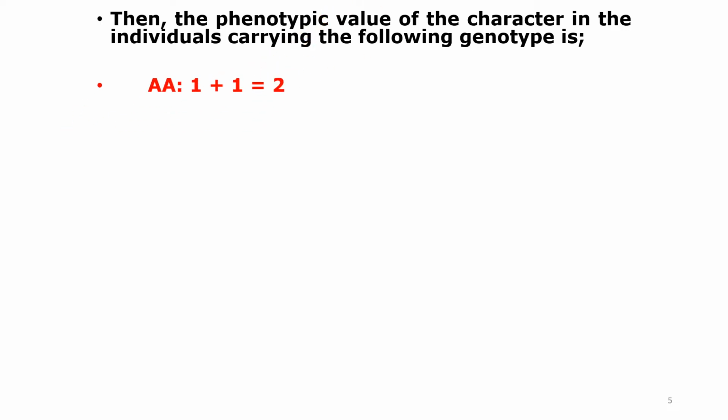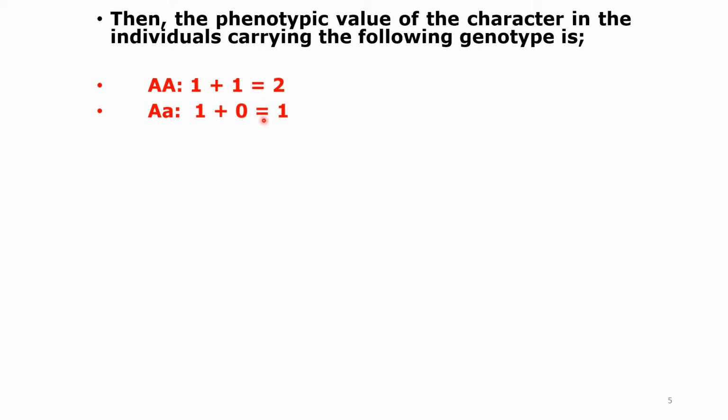For example, if the individual is carrying AA, the additive genetic value here is going to be 1 plus 1, because capital A is measured to have 1. So 1 plus 1 will give us 2. And if the individual is heterozygote, it is 1 plus 0, because little a is measured to contribute only 0 to the phenotypic value.